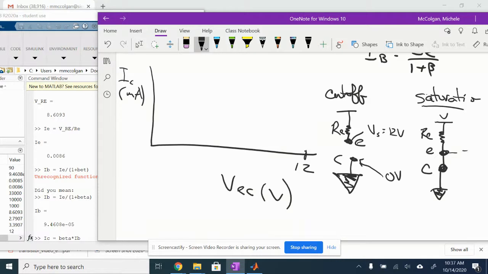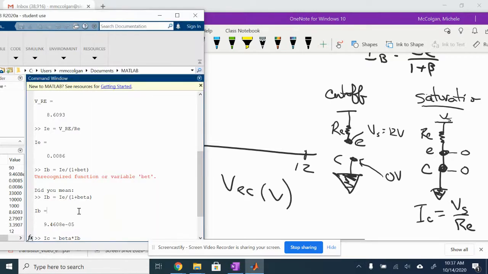The voltage at E is 0, and the voltage at C is 0. What that means is I can calculate the current that goes through here just by taking the supply voltage VS and dividing it by RE. So I'm going to have the collector current, just for when we're in saturation, so we can define our load line, equal to VS over RE. So I can type that in over here.